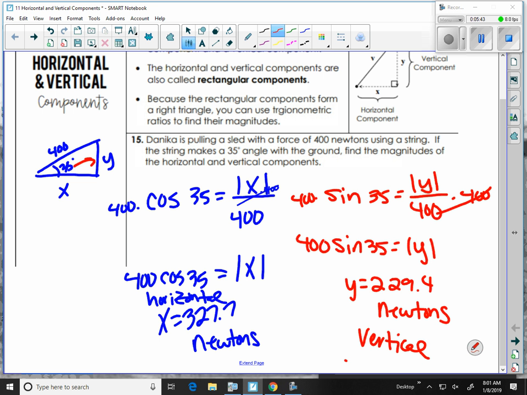And that's our vertical component. And that's all there is to these problems. I really don't think they're too bad. Just gotta make sure you get that set up right from there. Questions for me before we do 16?